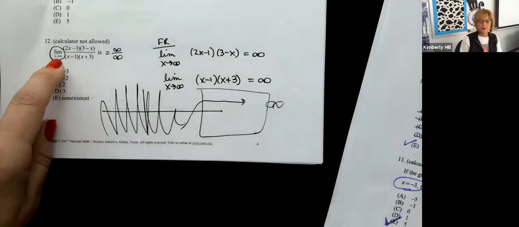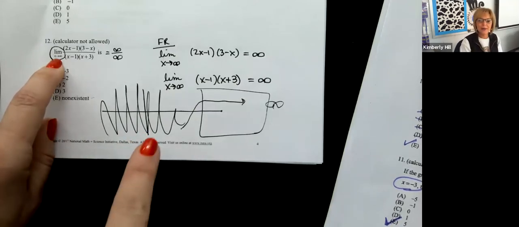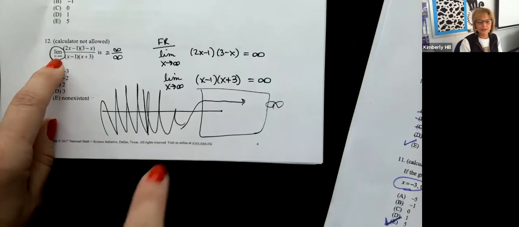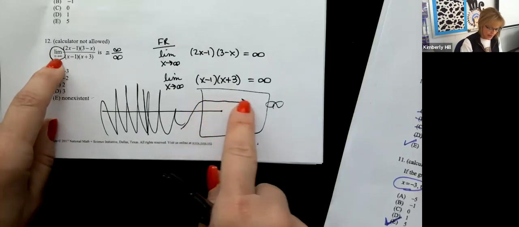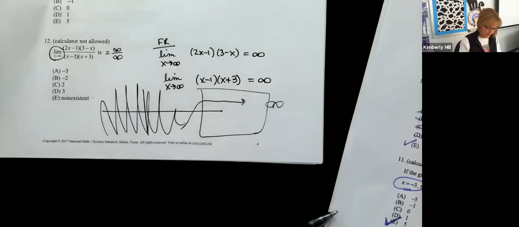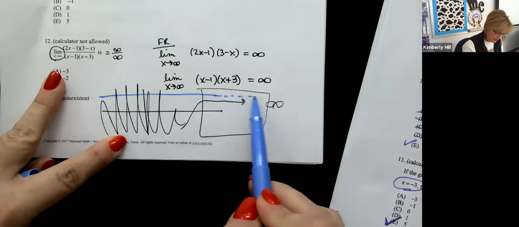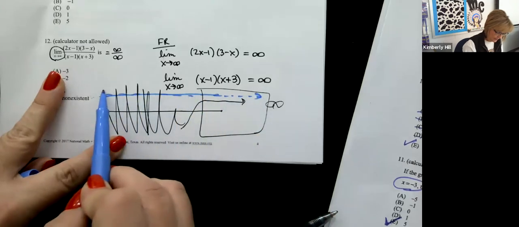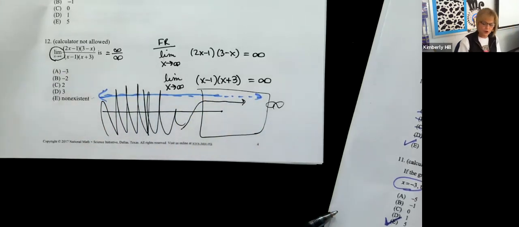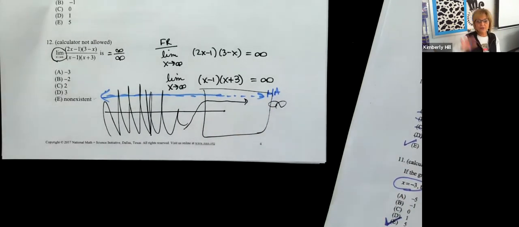And I know that's a horrific graph, I apologize, but I'll make a neater answer key that I'll post. So as I go way out here to infinity, what am I doing? Well, that's just your horizontal asymptote.